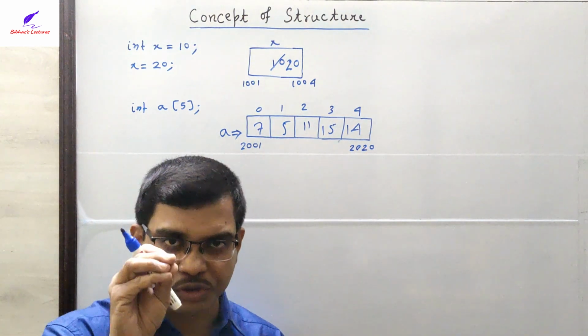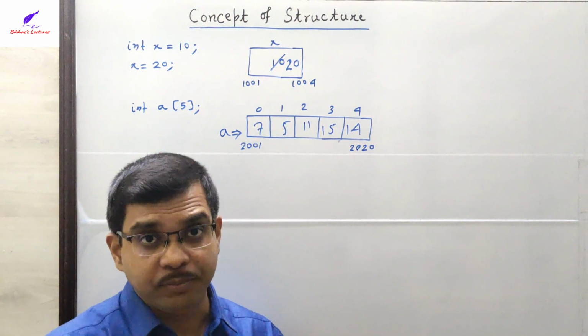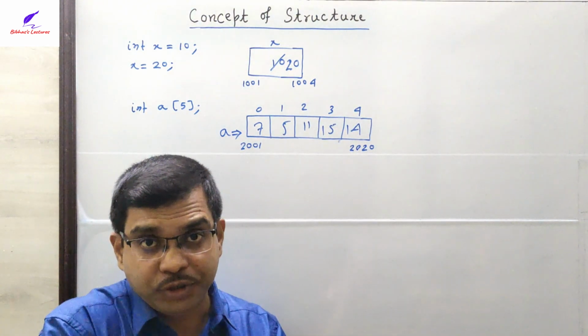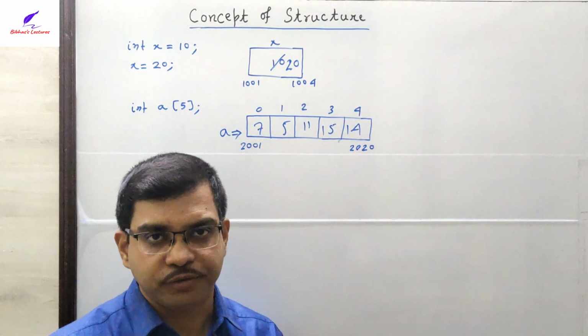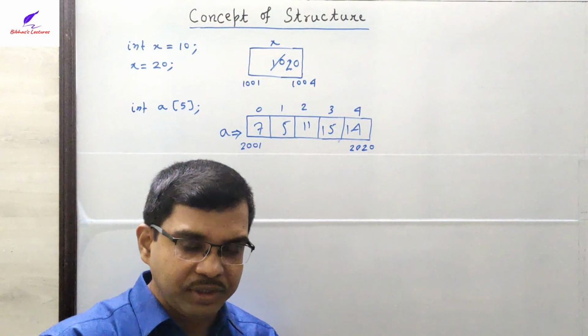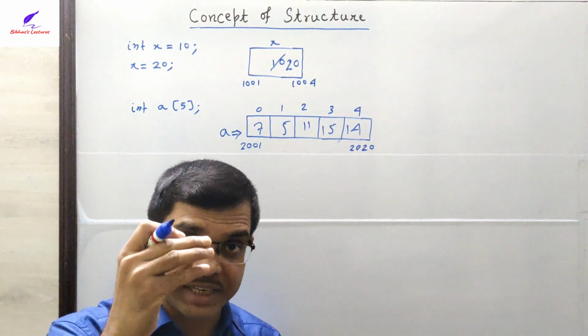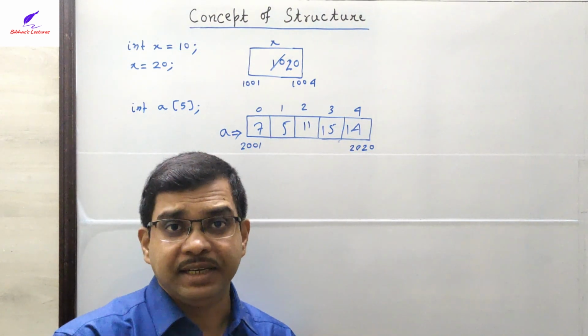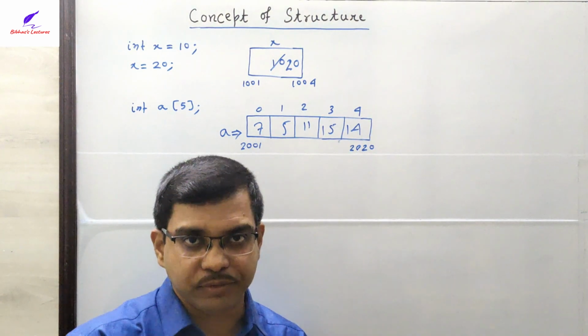So we have to store 3 different things. Roll number will be of integer type, the student's name will be a character array, so it will be of character type, and the marks can be integer or it may be float also. So now we have to store values of different data types: integer, character, and then integer or float. So now the question is, how can we store this type of values?